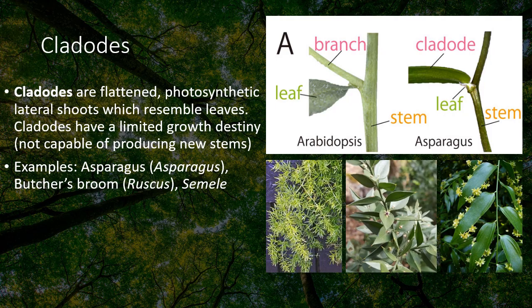And I think that's super neat. We see that the primary shoot is just this normal cylindrical shoot, and then the lateral branches are these cladodes, and then each cladode is only capable of producing flowers. It's not capable of producing new lateral shoots from the nodes on each cladode. But semele is a really gorgeous plant that I really wish I could grow at some point.